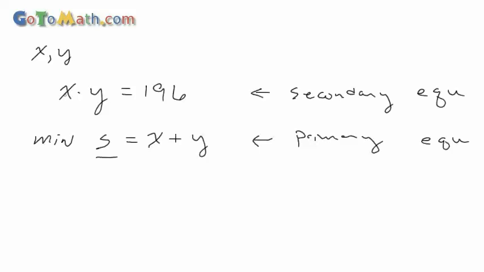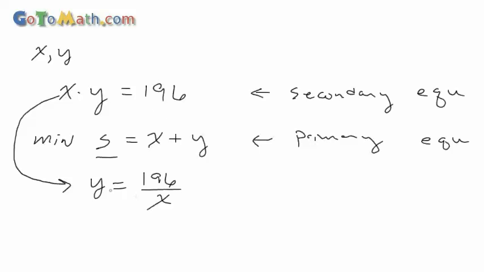So what we'll do is we'll take this equation here and solve for y. I'm going to take this equation, we'll rewrite it right down here, and solve for y. So y is equal to 196 over x, right? I just took x, brought it down here.